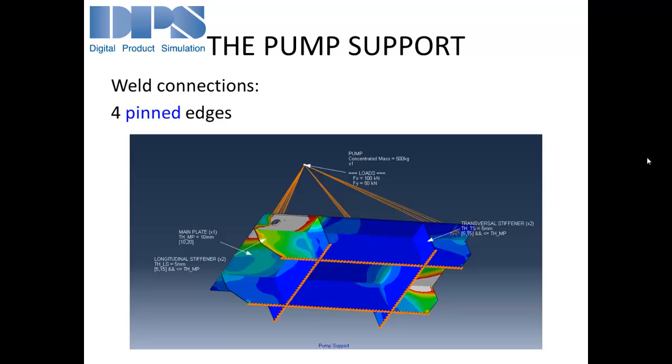About the connections, and just to explain our hypothesis, for the weld connections we will have 4 pinned edges. On our pump support there are 4 pinned edges, 2 longitudinal and 2 transversal. This is to model the welded connections.